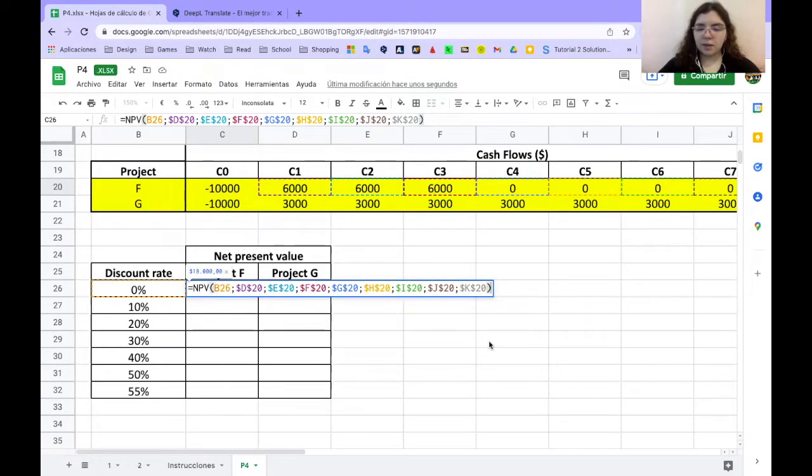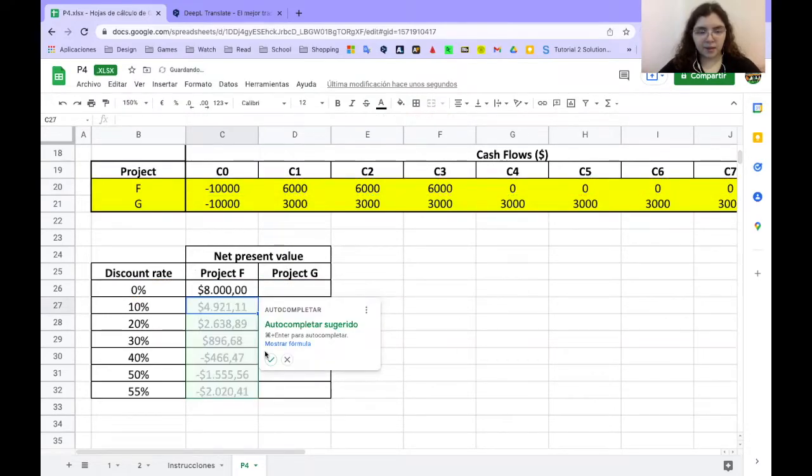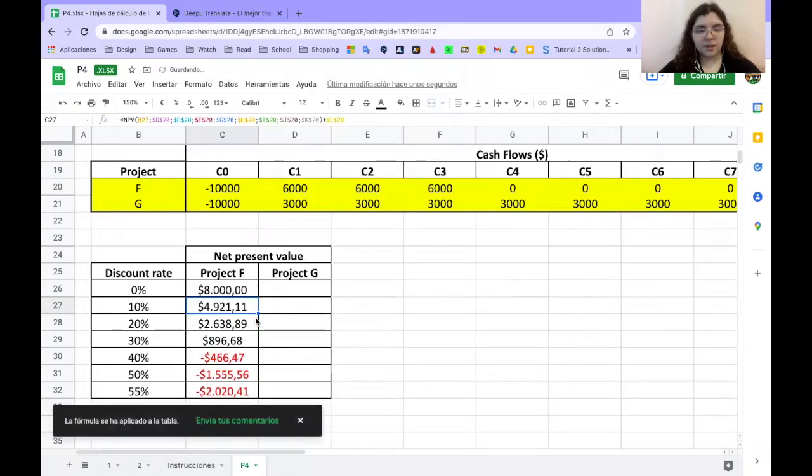And then you have to add the initial investment that is in the year 0. And you also have to block the cell. And then you select enter. And here you can calculate more easily the next data. Here is from 0 to 55%.